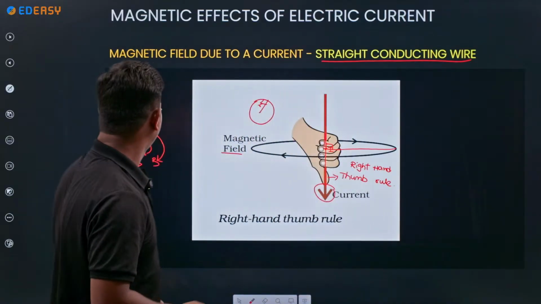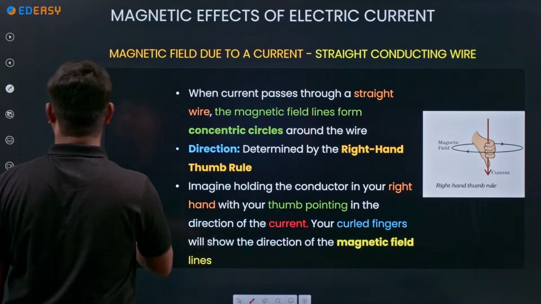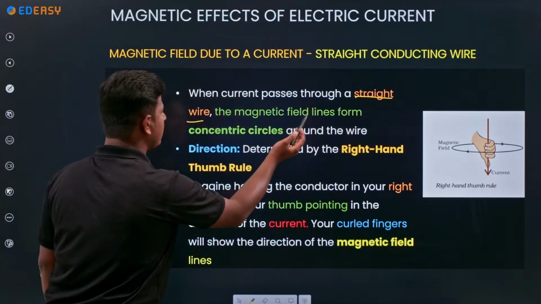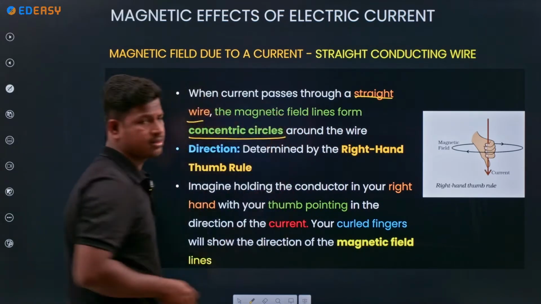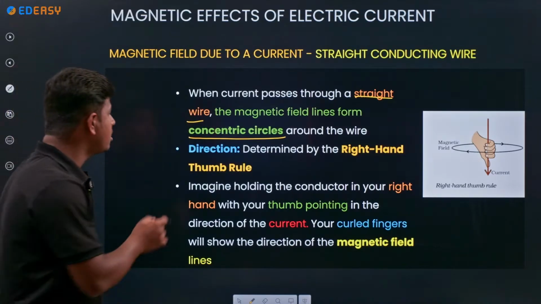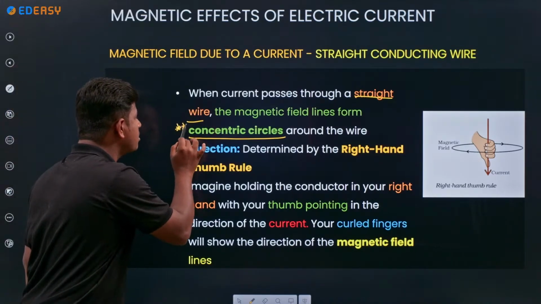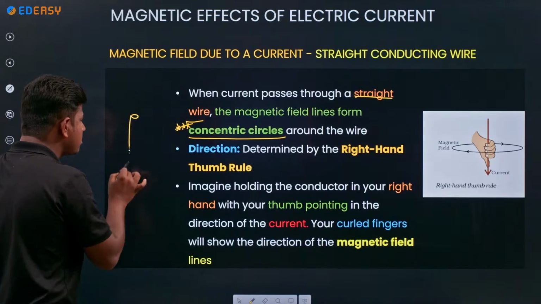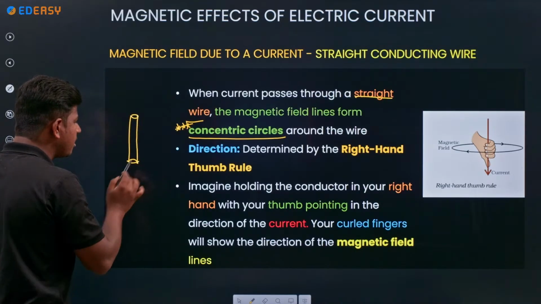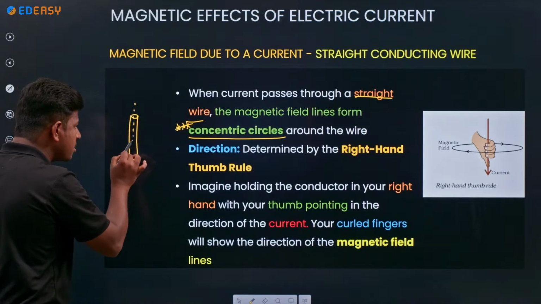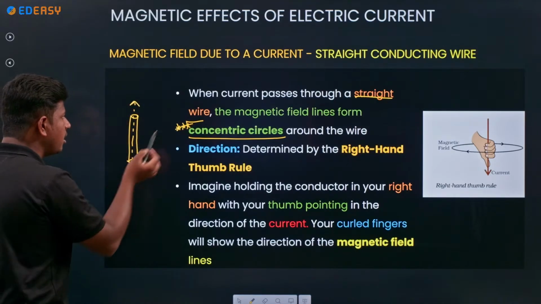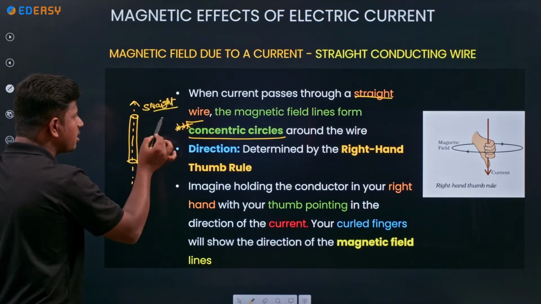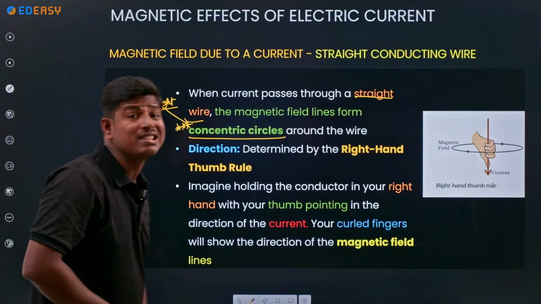Okay. Next, see, when current passes through a straight wire, the magnetical field lines form concentric circles. A current passing through a straight conductor produces concentric circles.